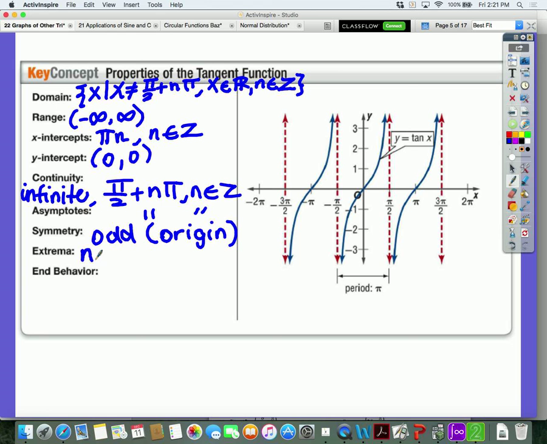None. What about our end behavior? There's none, because there are so many asymptotes.